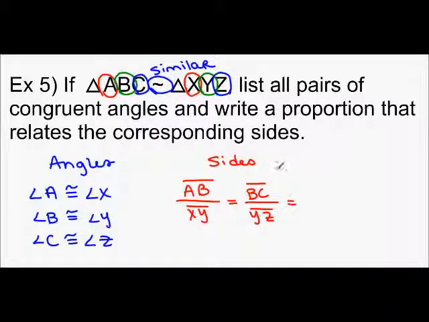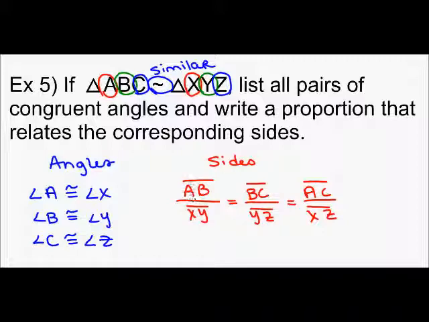Okay, but I know I'm going to have 3 sides. So next I'm going to say AC over, so 1, 3, 1, 3, XZ. Okay, this is my proportion relating corresponding sides. And you'll notice I've used each letter exactly twice.